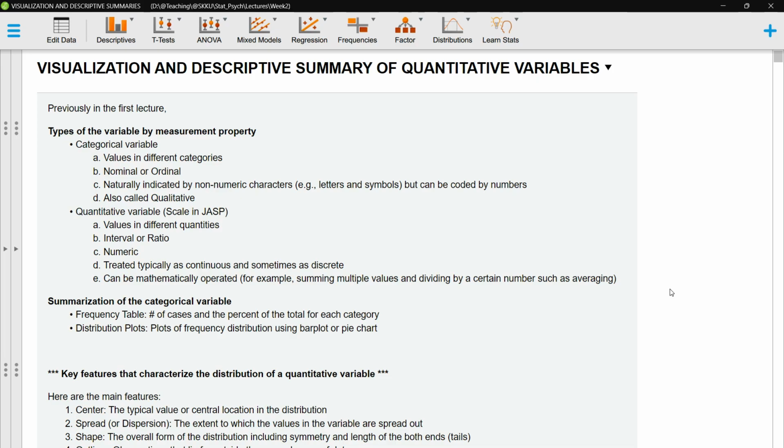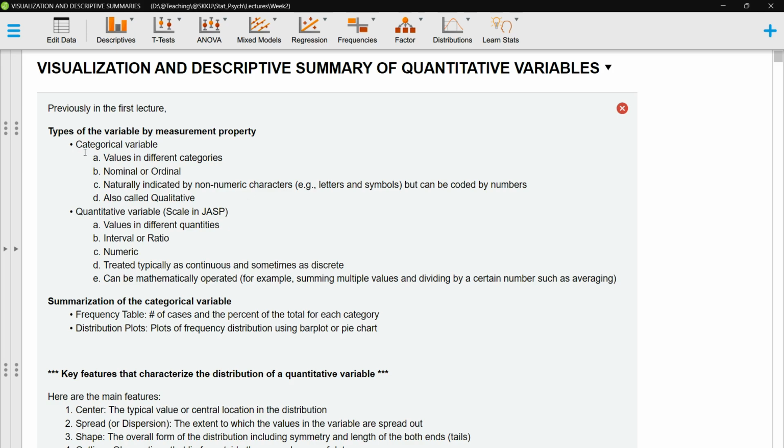So in the last week, we talked about the four different types of the variable in terms of the measurement property. You remember that? The nominal, ordinal, interval, and ratio variables. When I talk about the quantitative variable, that means the scale variable in JASP, and that is the interval or ratio variable.